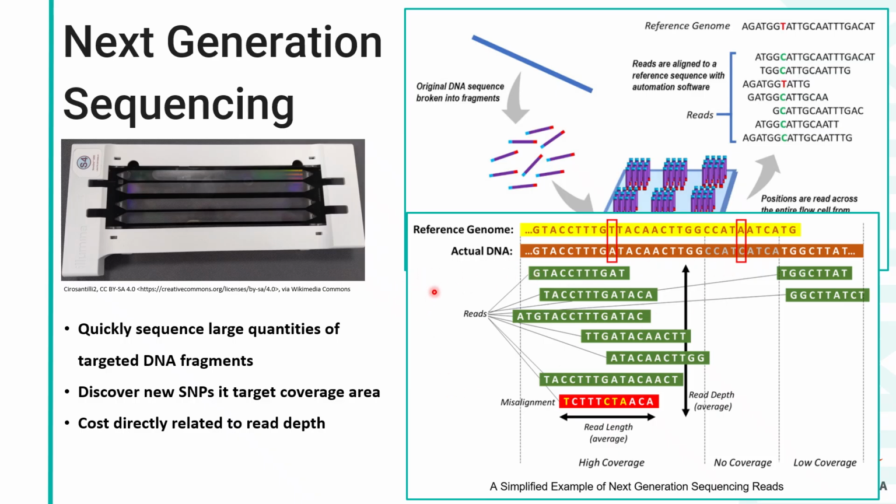But if it only does it with a single read, a single go-through of this, then it's going to be missing large portions of the DNA. And there's ways to compensate for that I'll talk about a little bit later on. But that is one thing to keep in mind when you're hearing about, oh, it's next-gen sequencing. Okay, but what's the read depth for it? If it has a low read depth, it's not going to provide the same amount of robust information that other tests might.